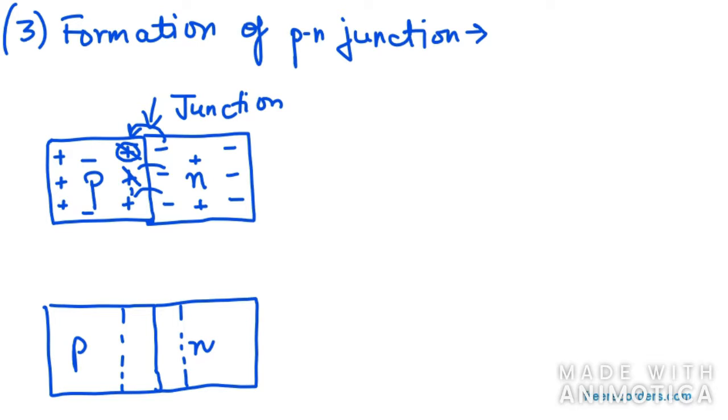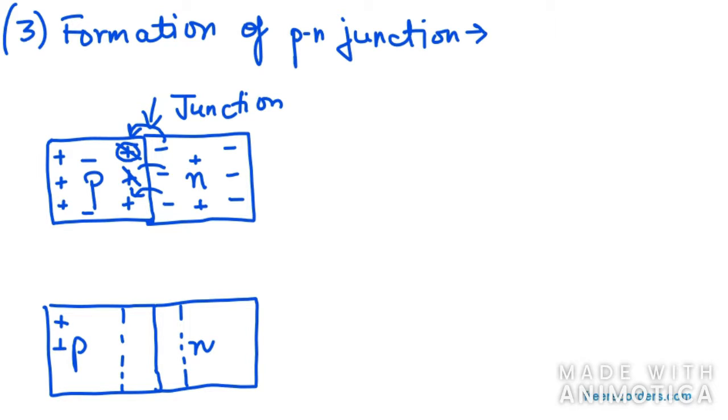Because they are near to the junction, they can easily diffuse from n-type to p-type semiconductor when they are at high concentration, and only the junction ones, because they are very near to each other. So they cancel out the effect here, forming a depletion layer.